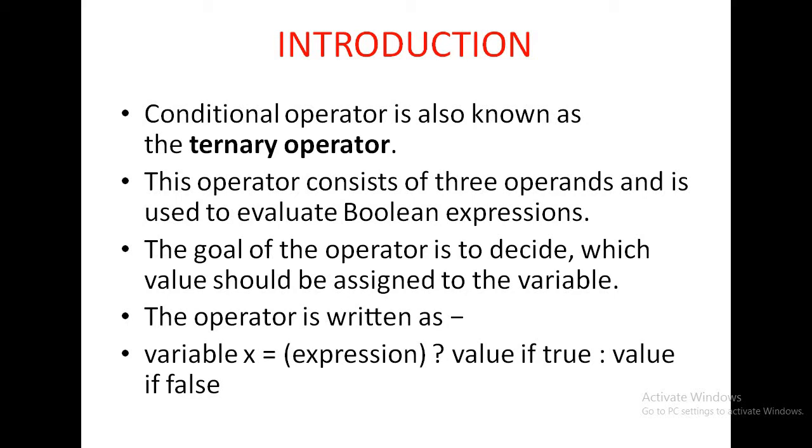The goal of this operator is to decide which value should be assigned to the variable. Always remember, the symbol of ternary operator or conditional operator is question mark and colon.